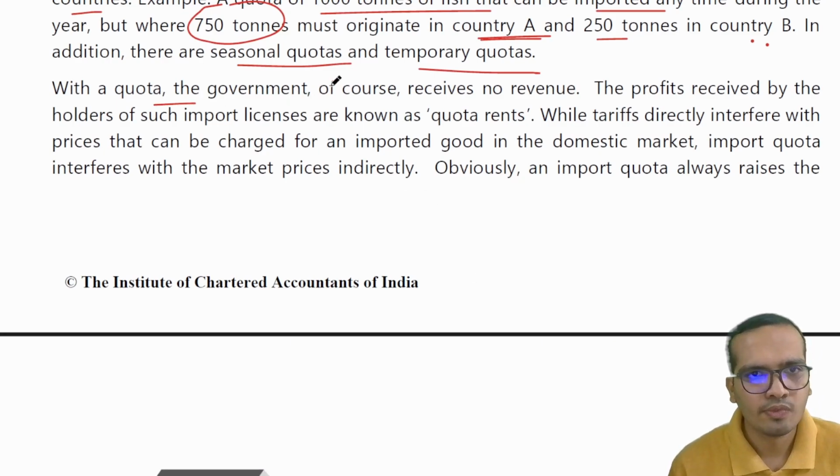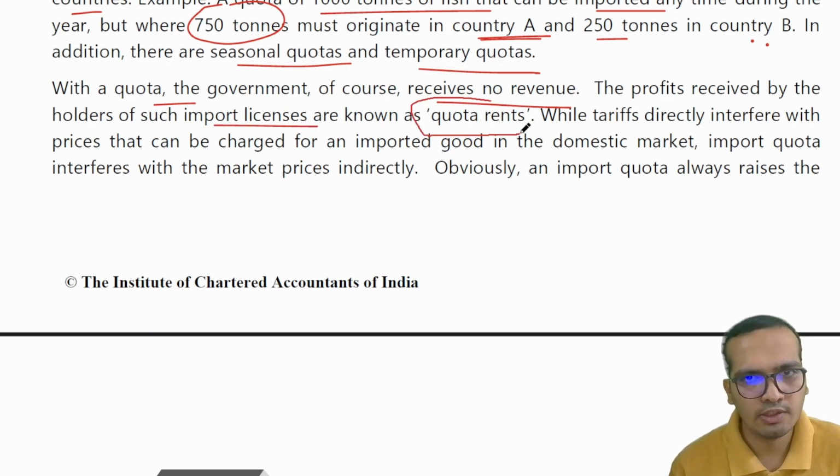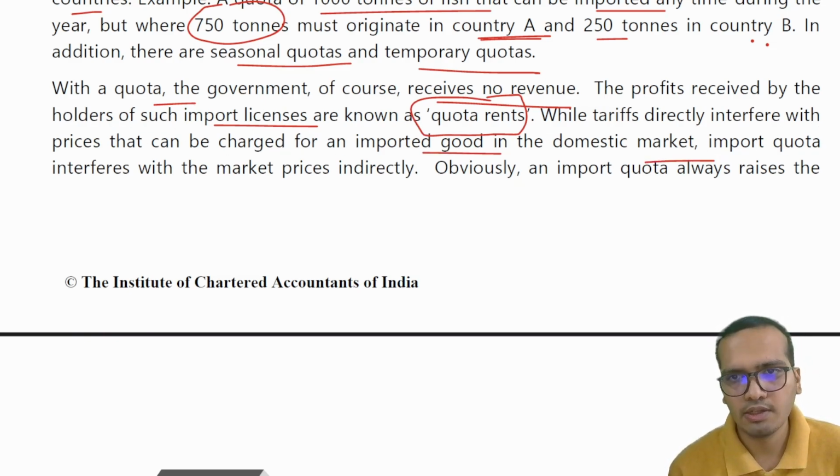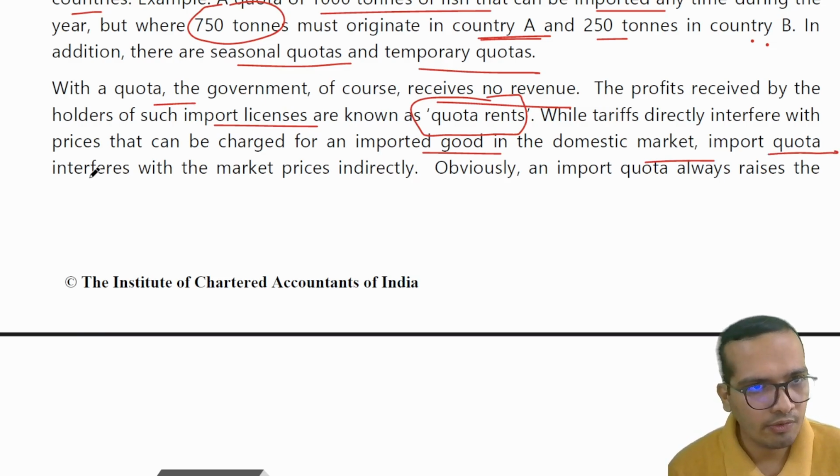With a quota, the government of course receives no revenue. The profit received by the holders of such import licenses is known as quota rents. While tariffs directly interfere with prices that can be charged for imported goods in the domestic market, import quotas interfere with the market price indirectly.